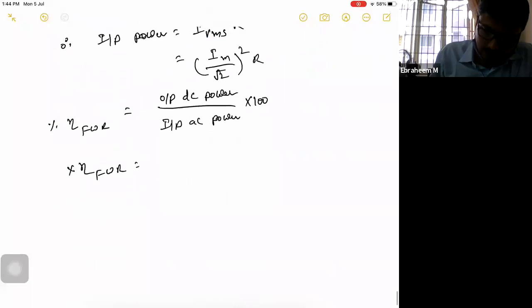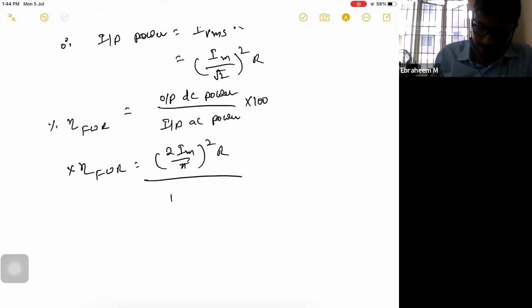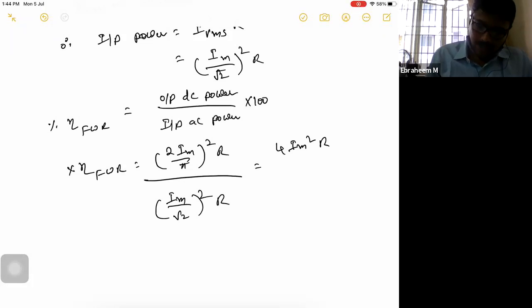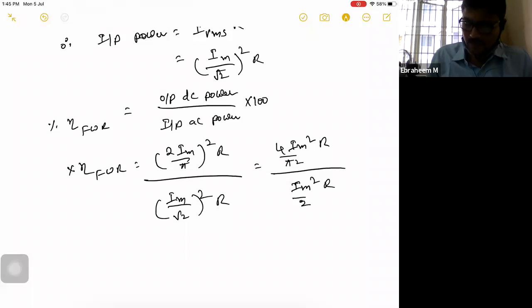So (2 I maximum by pi) whole square into R divided by (I maximum by root 2) whole square into R. Okay, so this is 4 I maximum square into R by pi square divided by I maximum square into R by 2.